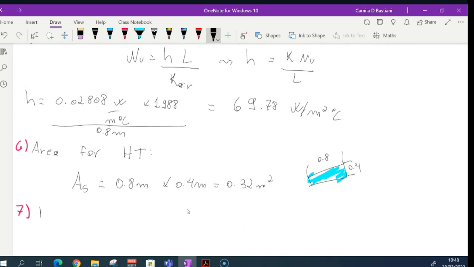Finally, we need to find my Q of convection. Applying our Newton's law of cooling, Q convection is equal to h times area of the surface times temperature of the air minus temperature of the surface.